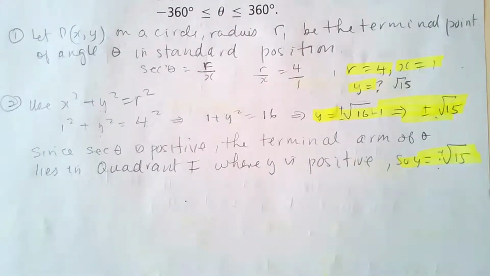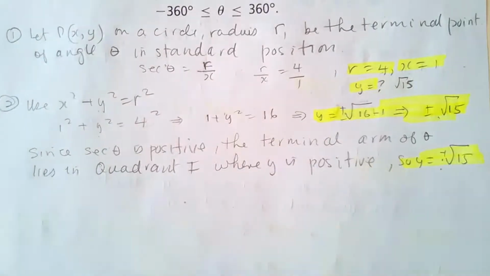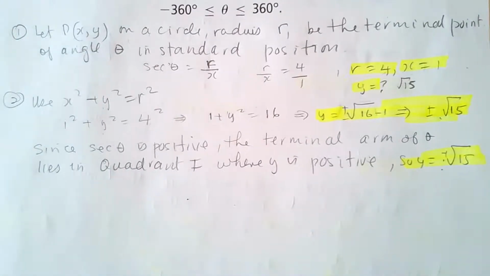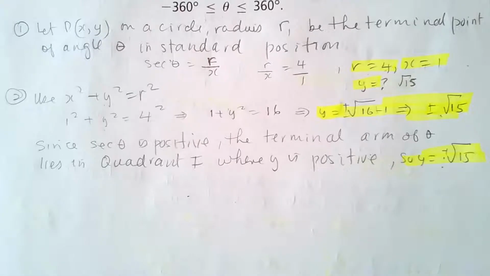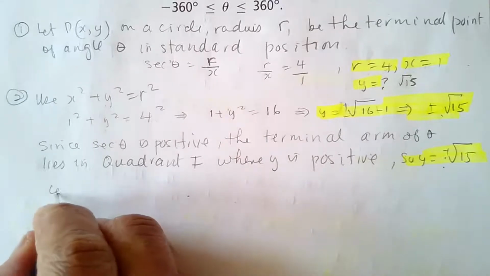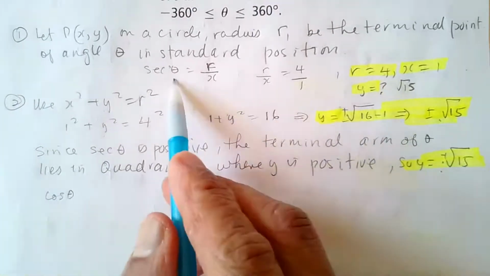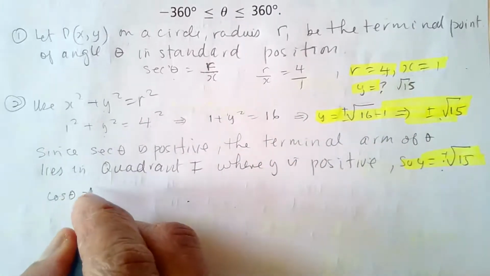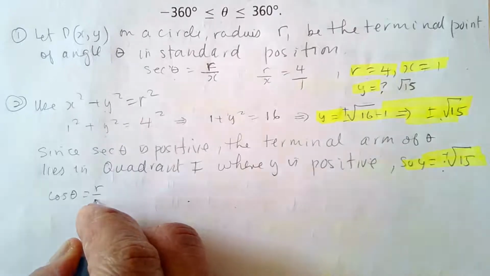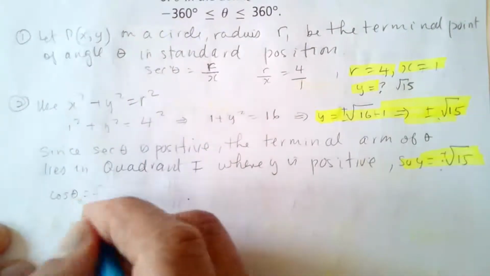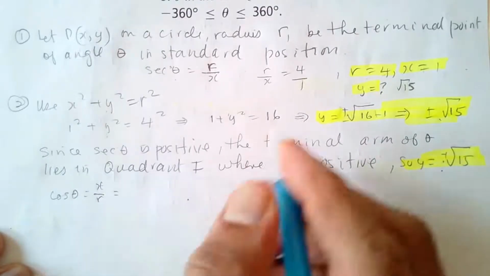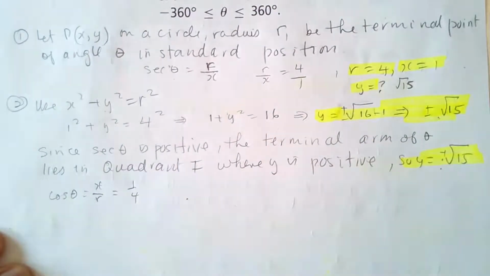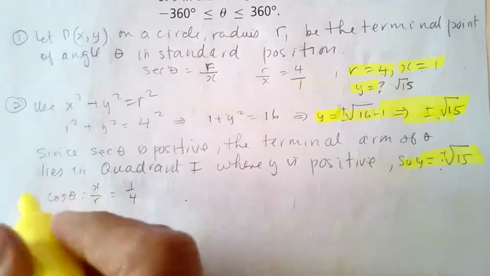Now we can go ahead and use our other 5 trig ratios, and we can start off with cos because the reciprocal of secant is cos. So we have cos theta. Now we know secant theta is r over x, so the reciprocal of that is, oh, sorry, this is going to be x over r, which gives me 1 over 4. So cos theta is 1 over 4.